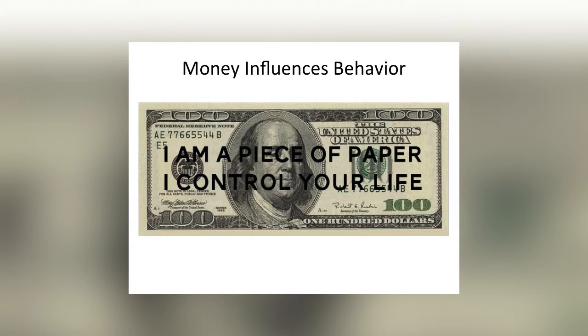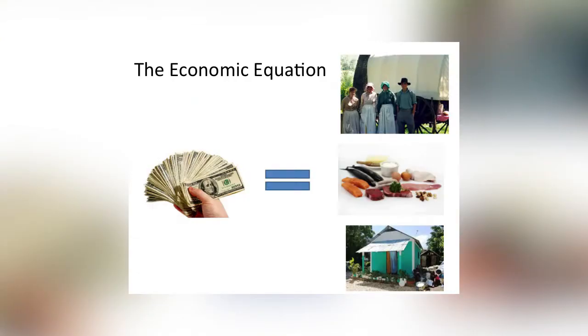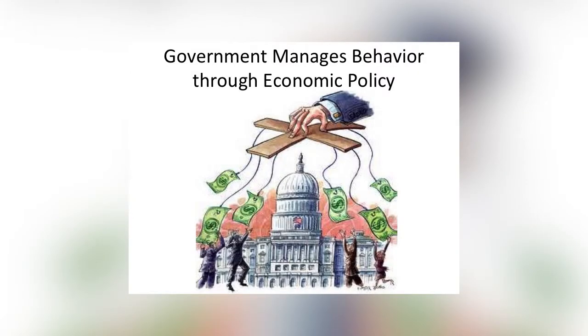So, with that being said, now that we understand the equation, we can manage behavior through a focused lens, because we have the equation. And this is true because the government manages behavior using these economic equations, and they're called U.S. economic policy, which are essentially laws.